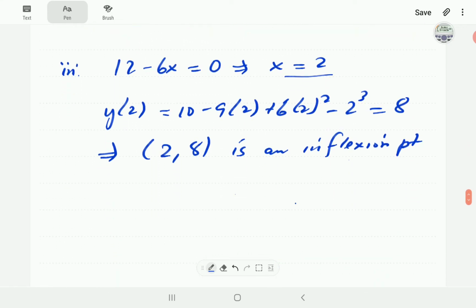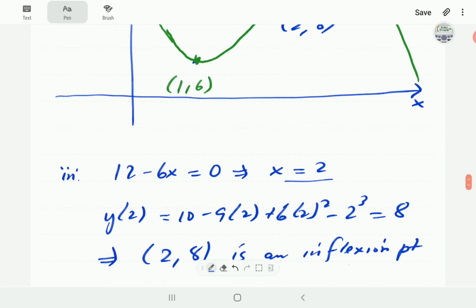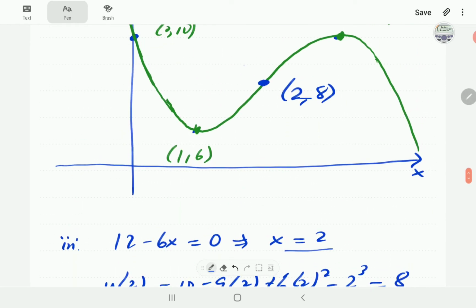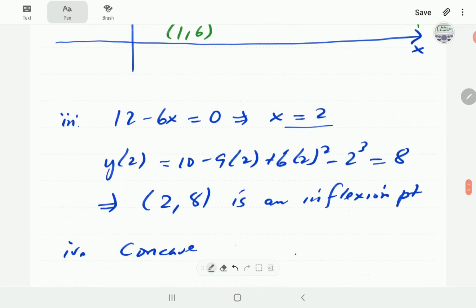Then in the next section, we are looking for the points where the graph is concave up and where the graph is concave down. Those are going to be separated by the inflection point. So the fact that there's only one inflection point means that there are two separate regions of concavity. On the left hand side of 2, the graph is concave up.